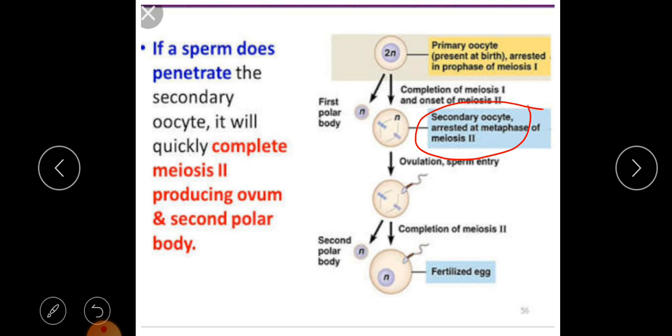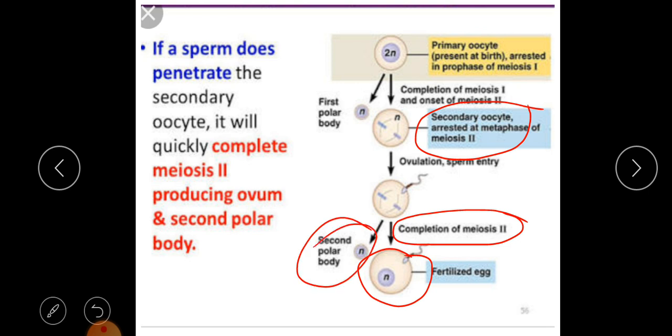Once fertilization takes place, it completes its meiosis II. The ovum, the egg, and the sperm fuse with one another, and this is the fertilized egg. Here we see the second polar body.